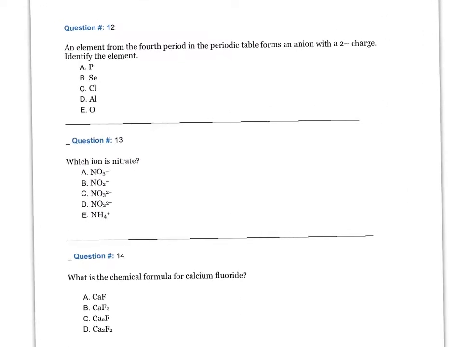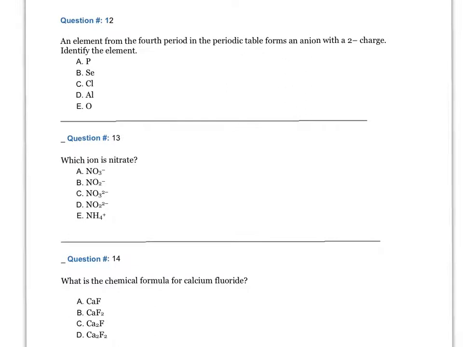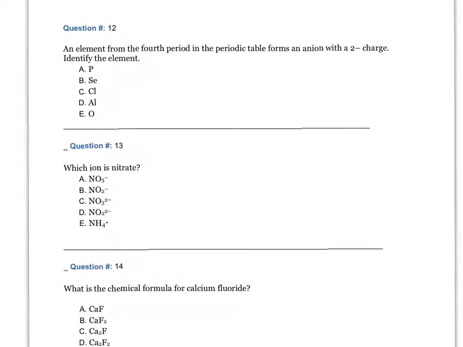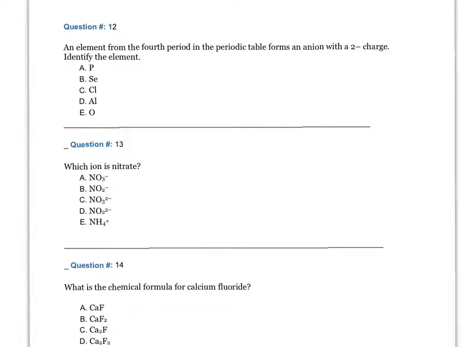Question number 12. An element from the 4th period in the periodic table forms an anion with a 2- charge. Identify the element. The answer is B, selenium.